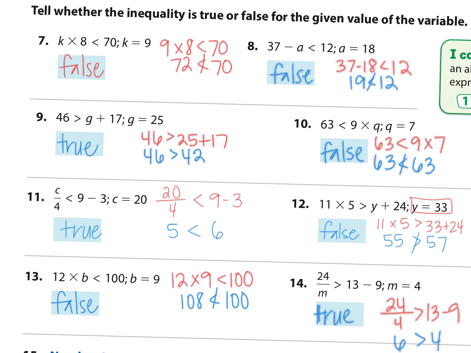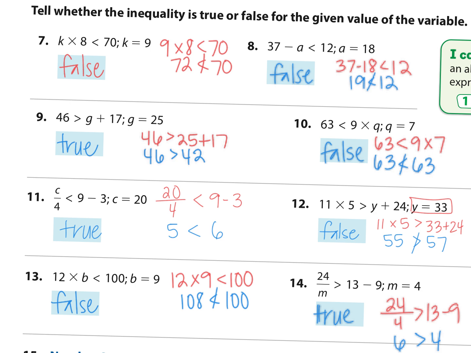Number 10 says 63 is less than 9 times Q. Well, if I replace Q with 7, 9 times 7 is 63, and 63 is not less than 63, so it is false. Now, if I were doing equations, it would be equal to, but that says 63 is less than 63, and that is not true. So be careful. Don't let that trick you.